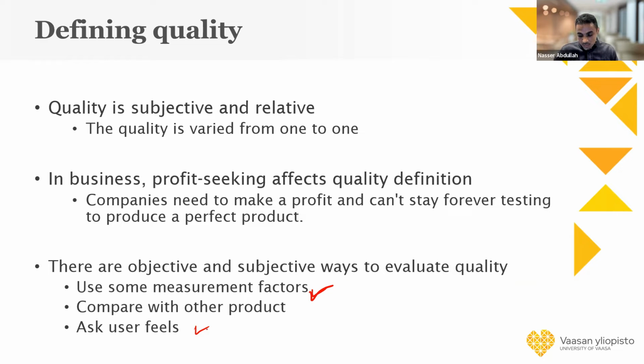Here we also have some methods, for example, how we can measure user feelings. It's quite difficult, but there are different types of testing, for example, user acceptance testing. This is where you give users, for example, 10 or 100 users, the application, and also give them a form.